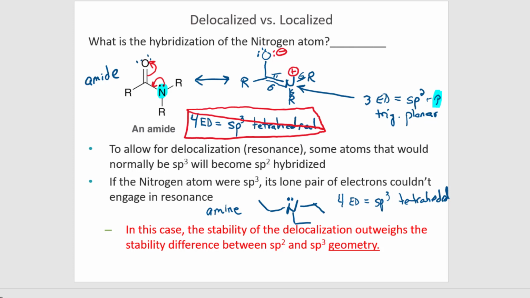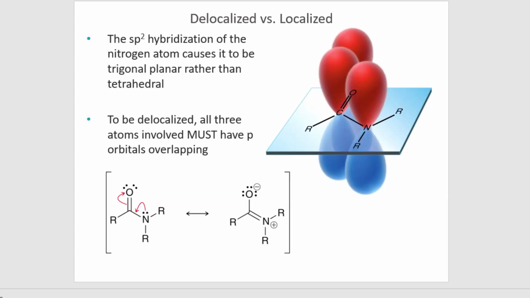There's resonance distribution of that electron density. That is a game changer in how these two molecules behave functionally. So you've got to understand, and we're starting to build the case for why these functional groups are indeed different.